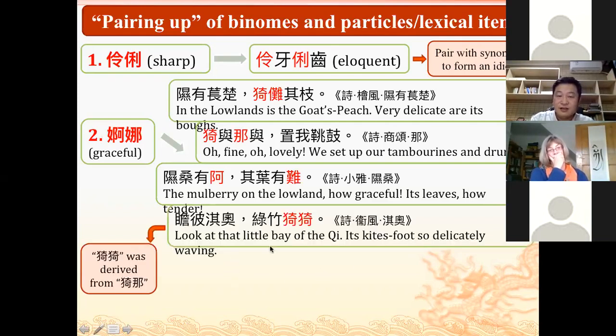And in another poem, 奇遇, of the Book of Songs, we can see that one component of this binome was reduplicated, composing another term.